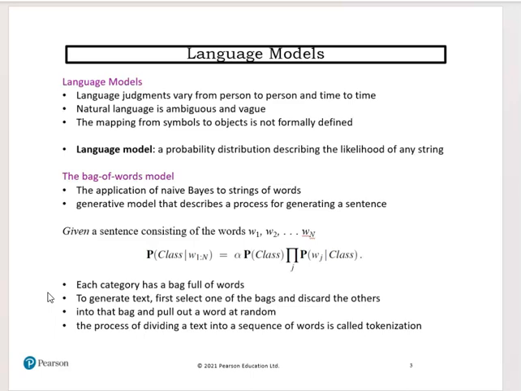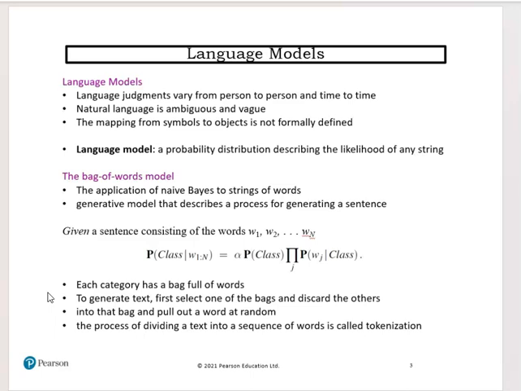So if we can't make a definitive Boolean distinction between what is grammatical and what is ungrammatical, then the next best thing to do is to look at probabilities: what is more likely to be correct and what is less likely to be correct. And that's where language models come in.